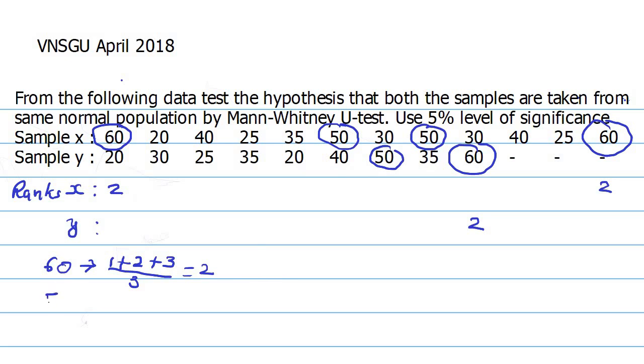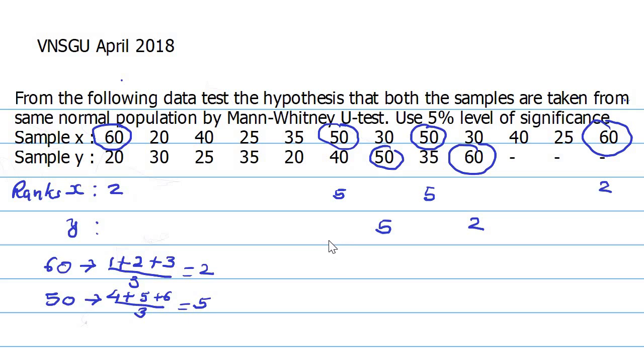So to rank 50 we have to find the average of the next 3 ranks. 1, 2, 3 are already used, so the next average will be of 4, 5 and 6, divided by 3, and this will give me 5. So each 50 is given rank 5. So here I will assign 5, here also 5, and here also 5.